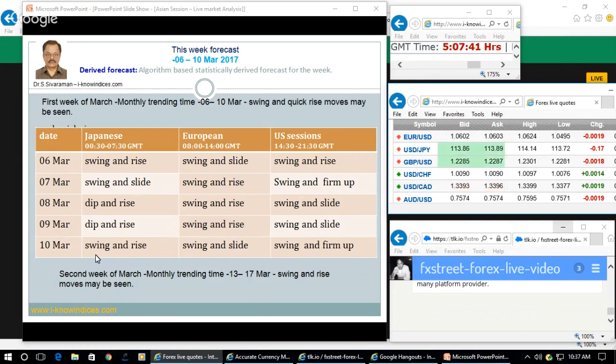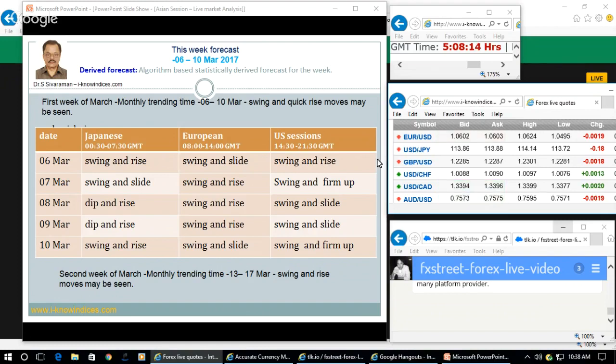On Friday, when the non-farm payroll is going to be announced, they are expected to gain the levels during the Japanese session and start making the slide during the European session before the non-farm payroll in the case of Euro and GBP, and start gaining the level soon after the release of the non-farm payroll and continue to swing at the higher level during the US session, and then start gaining slowly the levels as the intentional move.